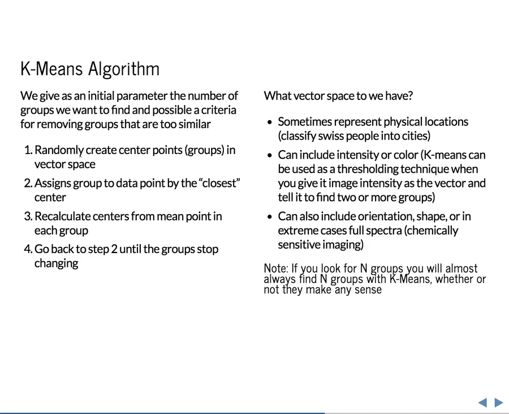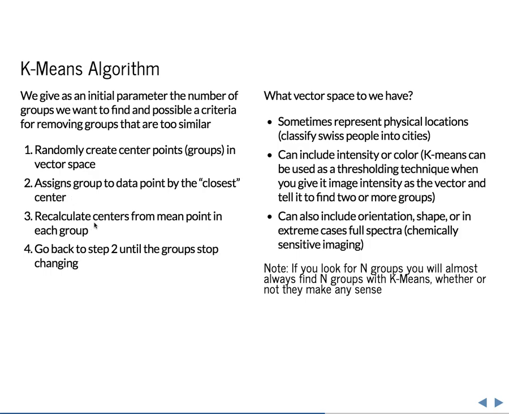So you would randomly take 10 people, and the hope would be they'd be kind of evenly distributed around Switzerland. Then, if we wanted to create 10 groups, you find the closest person that I've picked in this original 10, so the closest group to where you are, and that's what group you belong to. And so you assign yourself to that group.